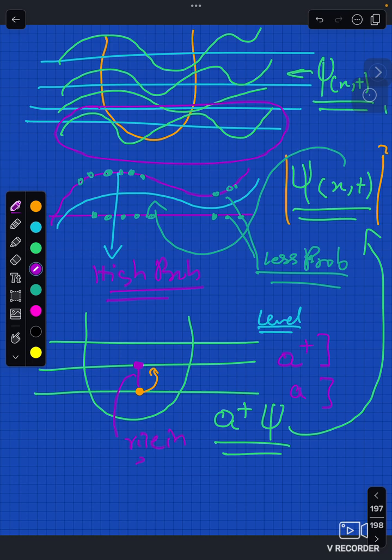Rise in level. Okay, so now the opposite of this is annihilation. This is creation, this is annihilation. Then what is annihilation? Electron, oh wait, let me check. Electron coming down, which is annihilation.